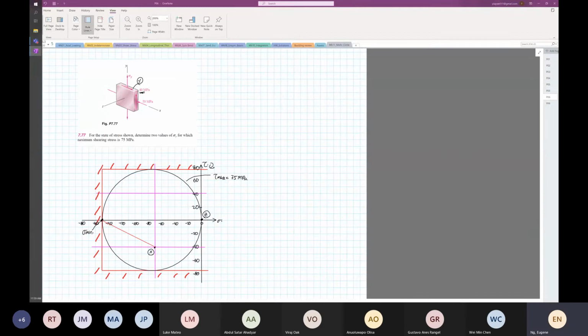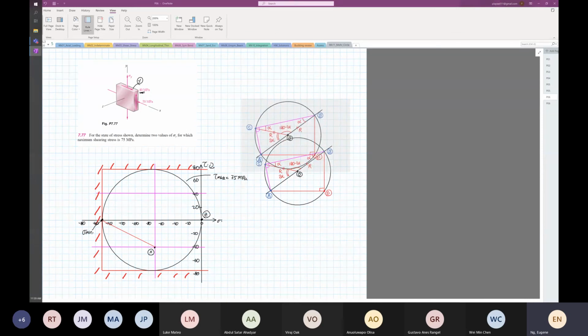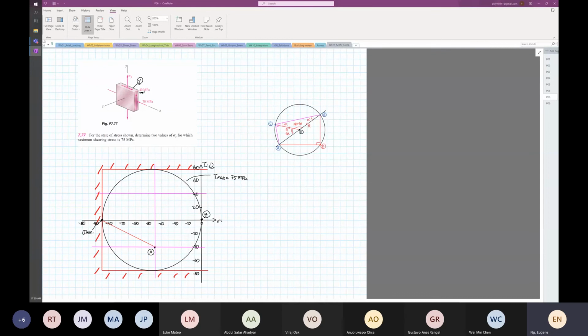So I'm going to show you the rules of the circle. We have drawn this earlier, right? This is the rules of the circle. So from here, I'm going to use the rules of the circle.